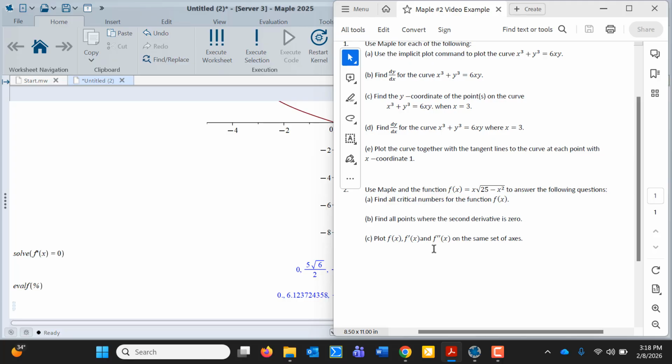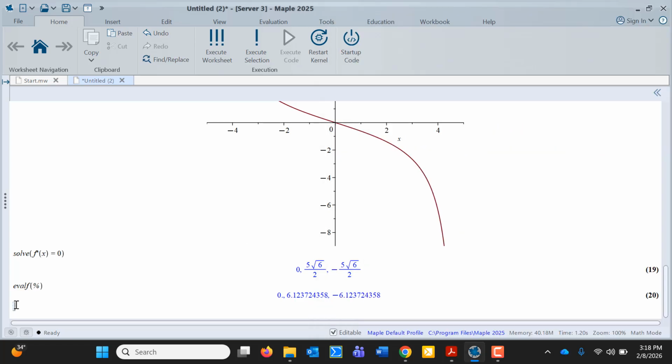All right, the last thing we're going to do is make a plot of f, f prime, and f double prime all on the same set of axes. So let's do our regular plot command because we're working with functions here, parentheses, and I'm graphing 3 different things. In order to plot more than one thing, remember you need brackets.